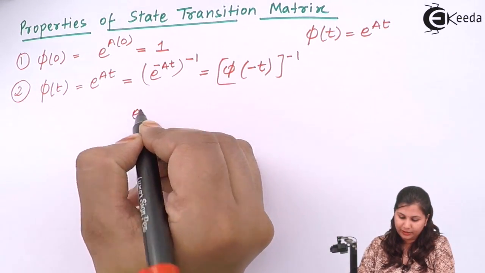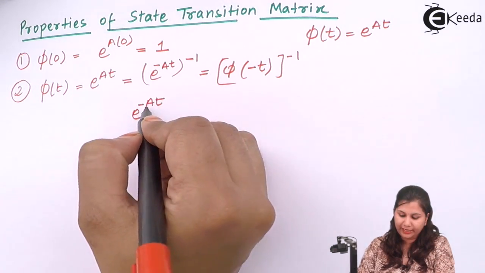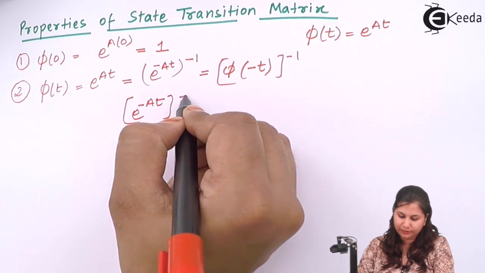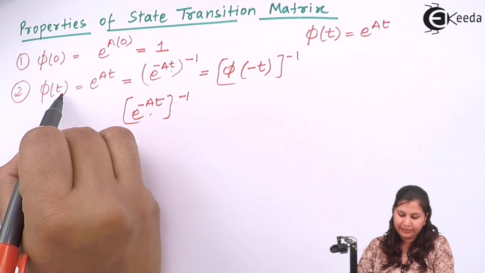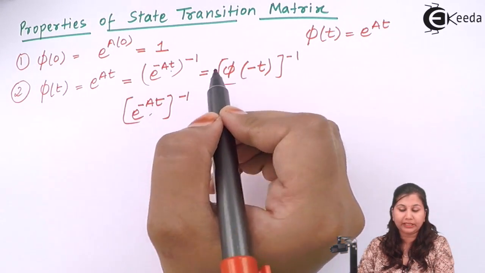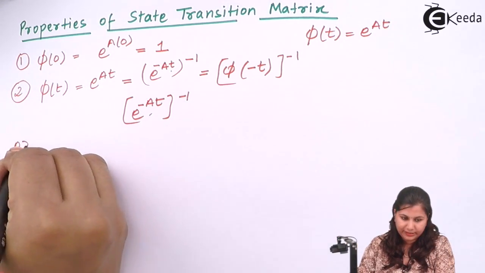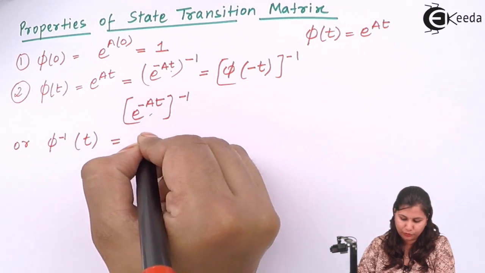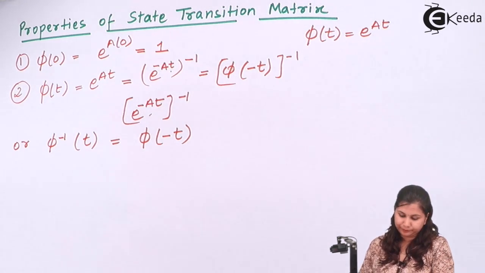We have e raised to the power minus At; instead of t we are writing minus t, and then we are calculating its inverse. So if we take the inverse of phi of t, it will be equal to phi of minus t, or we can say that phi inverse of t is equal to phi of minus t.